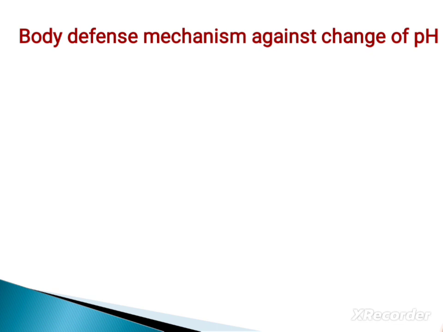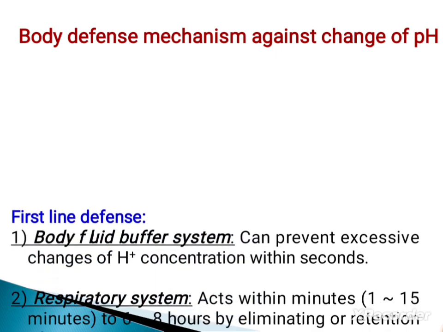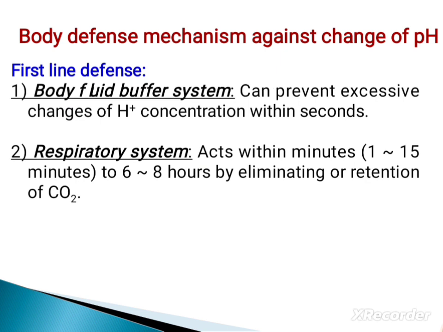In our body, just like this, a three-phase defense mechanism is present against acid-base disorder. The first line of defense is the body fluid buffer system, protein buffer, and hemoglobin buffer. The body fluid buffers we have already named. They come within seconds to minutes and correct acid-base disorder.